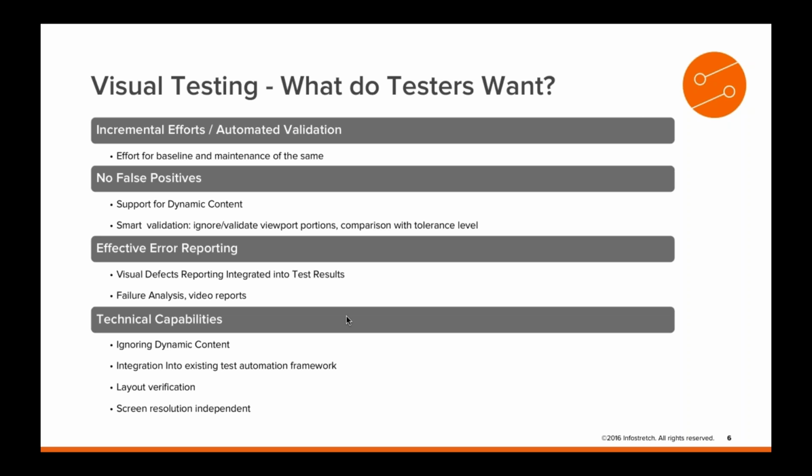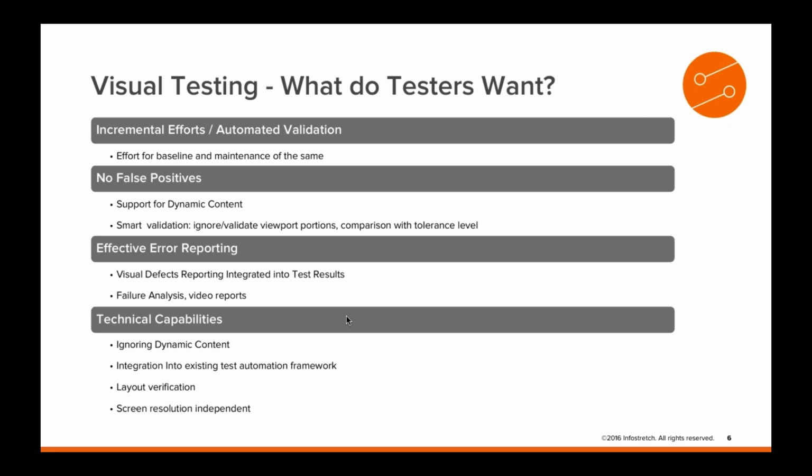So what you want is an incrementally more intensive or least intrusive way of somehow interspersing your visual test within your GUI test. Something that magically came in and actually validated your GUI test also visually, right? That is what you want.